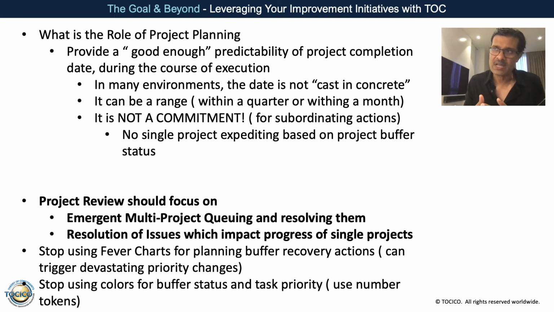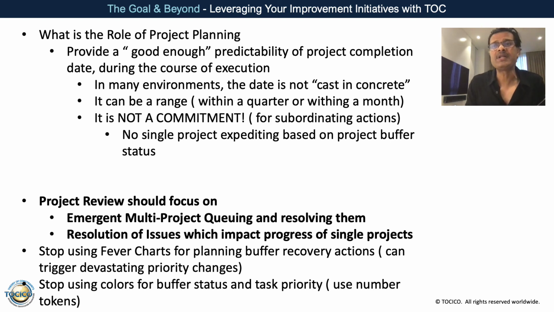What we are trying to do in planning is just give a good enough predictability as of now, and we give a predictability around a range of dates, that this is the best we can do. What we have seen in implementation is that once you do the implementation and do a lot of improvement projects around the areas where the maximum wasteful rework is happening, or around areas where queuings are happening, you improve the predictability over a period of time.